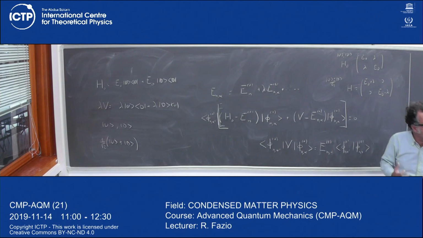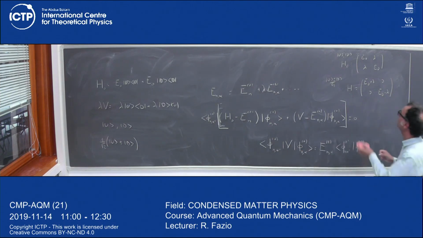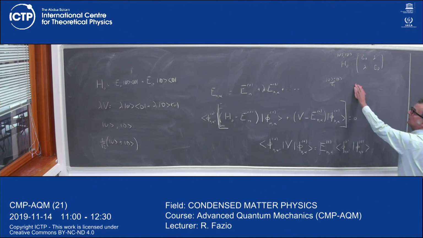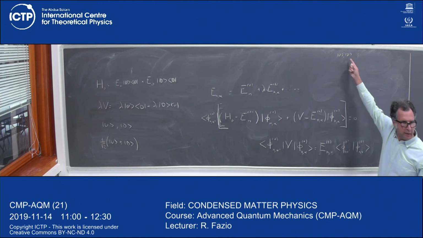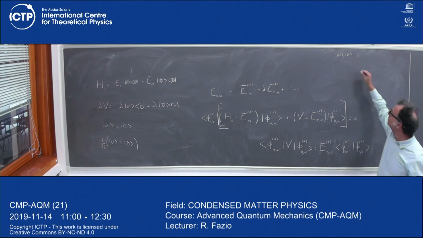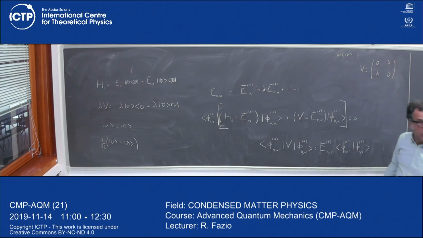In practice, you just take V on one basis, whatever, just take this. V on this basis is 0, lambda, lambda, 0. You just diagonalize, and you find that E1 plus minus is plus minus lambda.